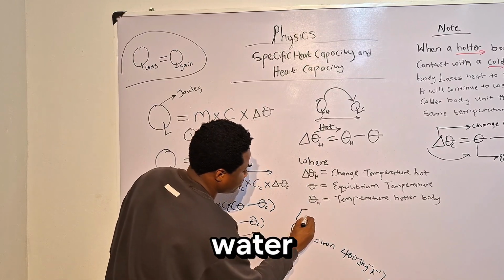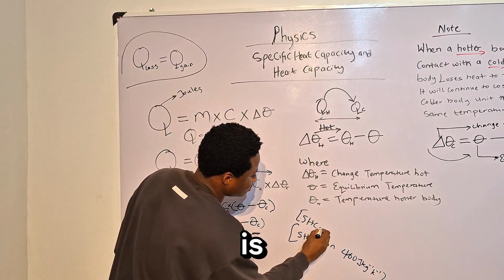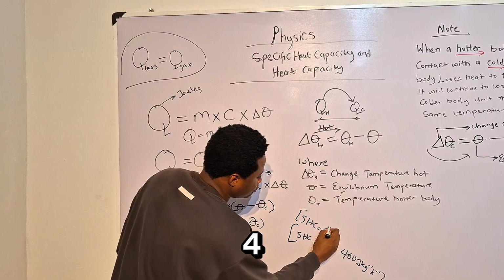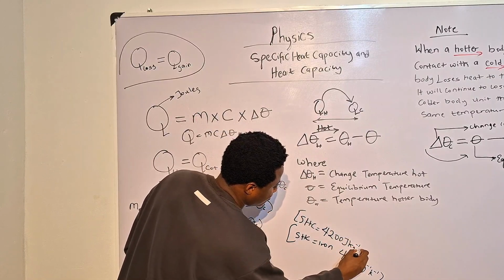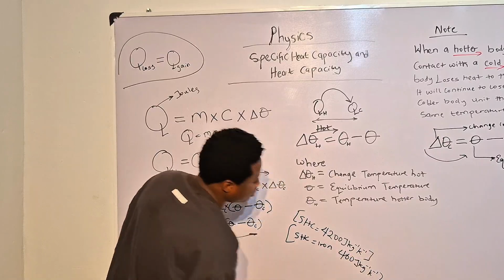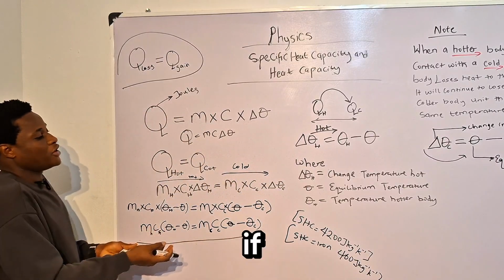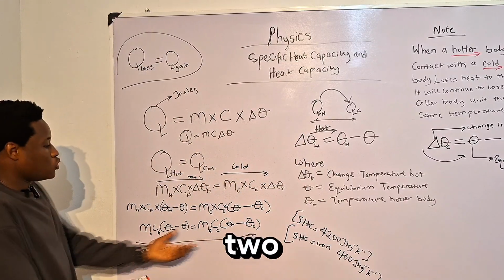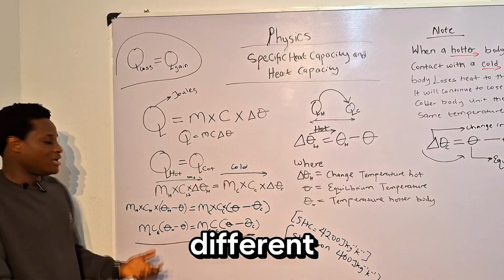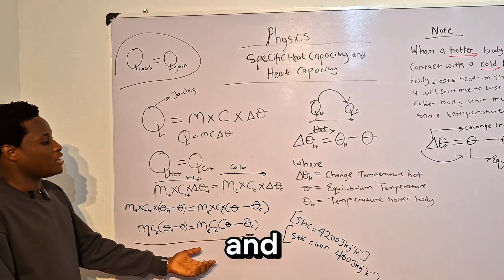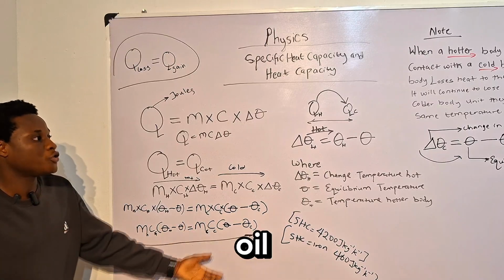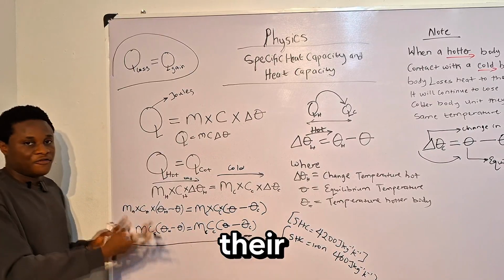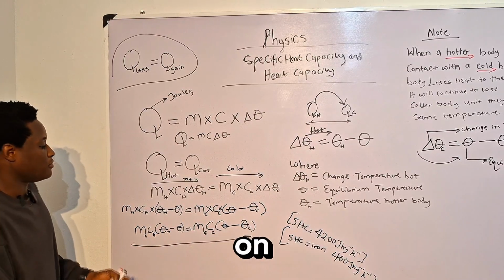And for water, the specific heat capacity of water is 4,200 joules per kilogram per Kelvin. So if the two substances here are different, let's say this is water and another substance, maybe iron, or aluminium, or oil, use their different specific heat capacity.